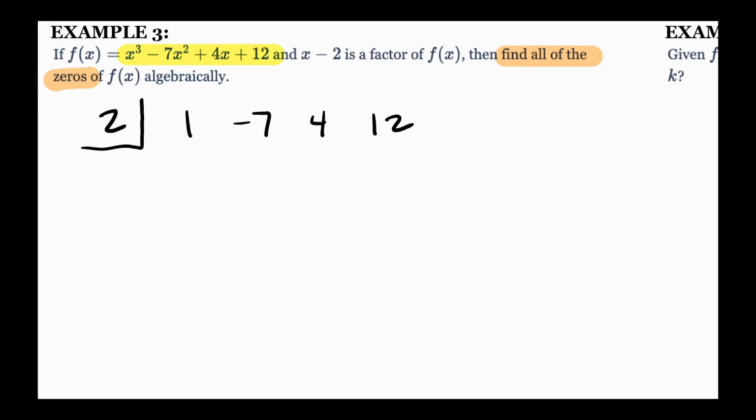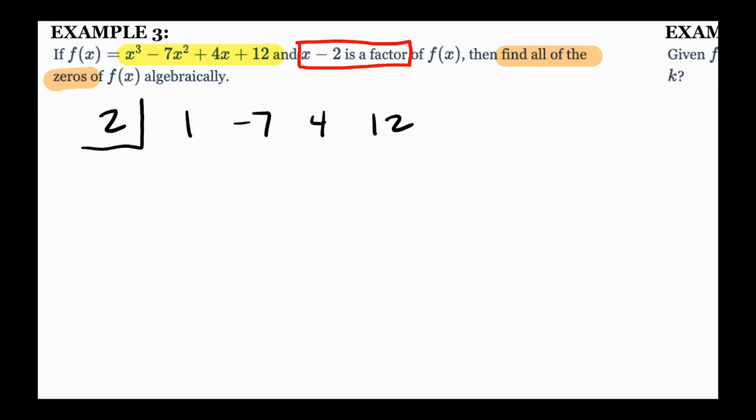Why? It's telling us to find all the zeros, but why, when I plug in 2 specifically, will I get 0 as a remainder? X minus 2 is a factor. Anything that's a factor means it goes in with no remainder, right?